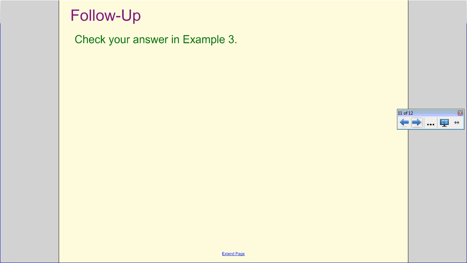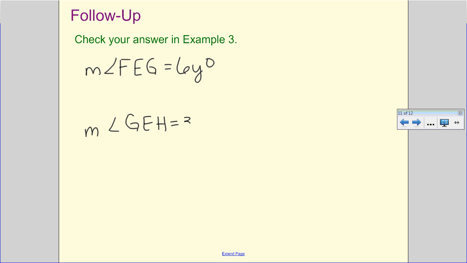What we're going to do for the follow-up is we want to check our answer. We want to know, does that actually work? So we take a look at this. We know the measure of angle FEG was equal to 6y degrees. We know that the measure of angle GEH was 30 degrees.